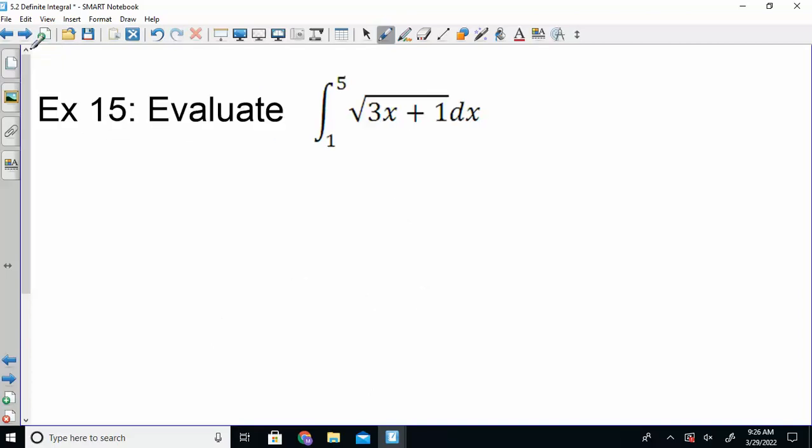Last one. The square root is the same as what power?